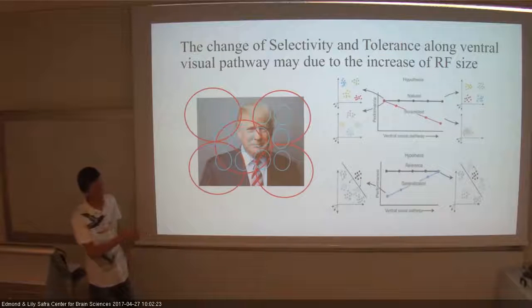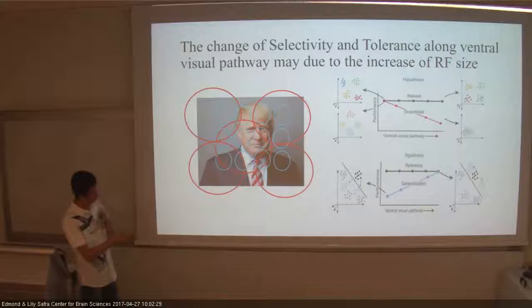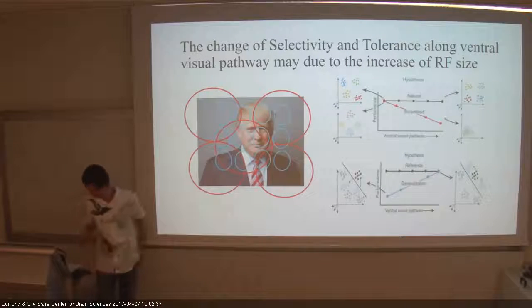Let's go back to the two hypotheses they showed before. Low level visual areas have a small receptive field, and the higher visual areas have large receptive fields.